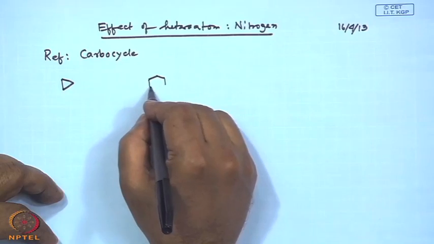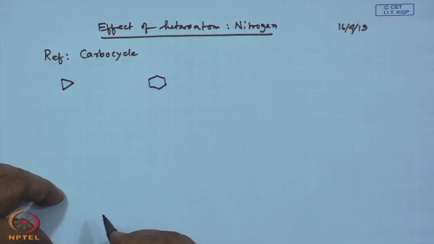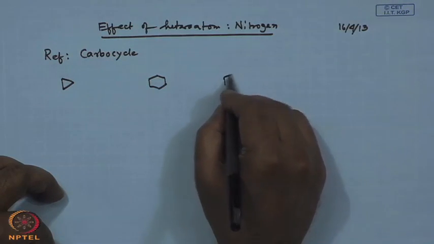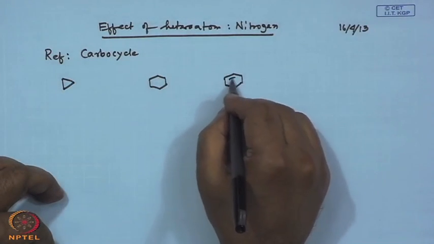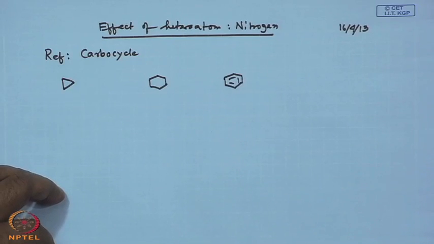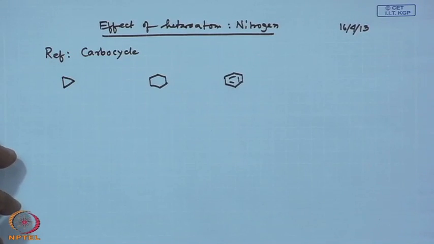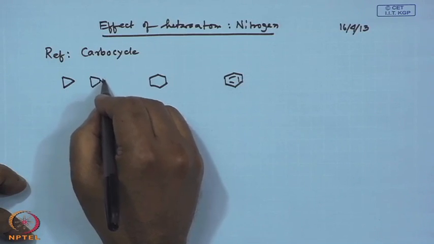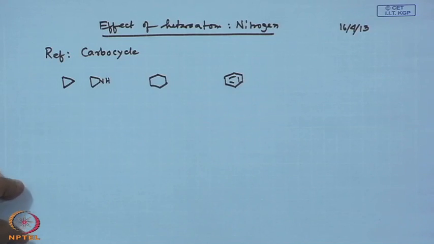Then we will compare with cyclohexane, that is strain free, and also one more which belongs to the aromatic compounds, that is basically the benzene ring. Now, when we consider the effect of heteroatom, that means basically nitrogen, sulfur and oxygen. Often I will just give the examples with nitrogen, which can be extended to other heteroatoms.